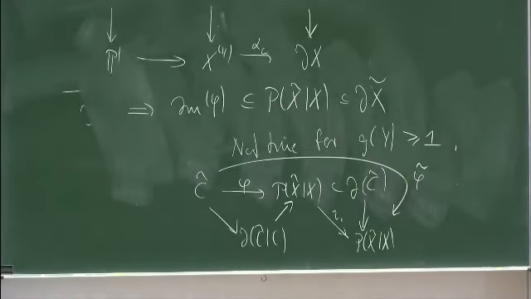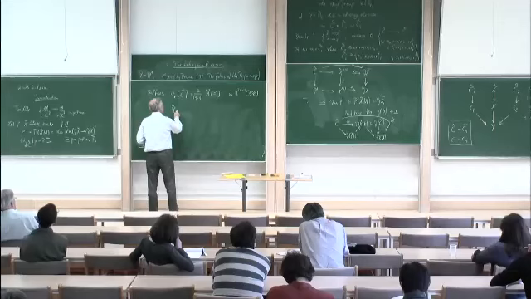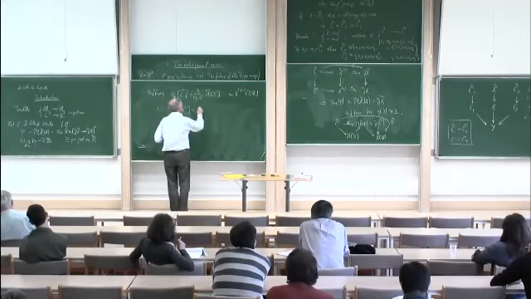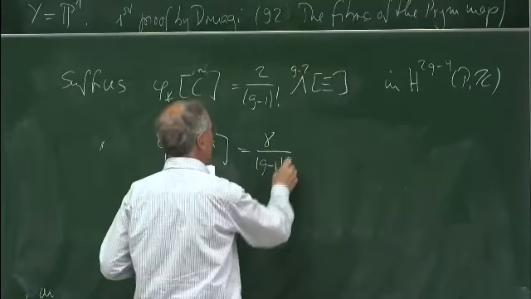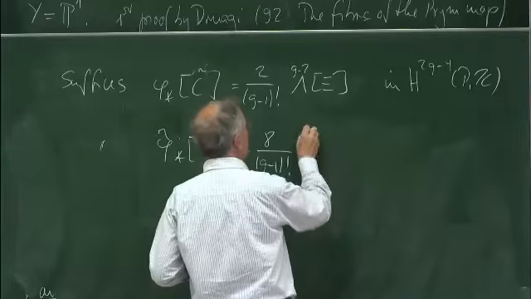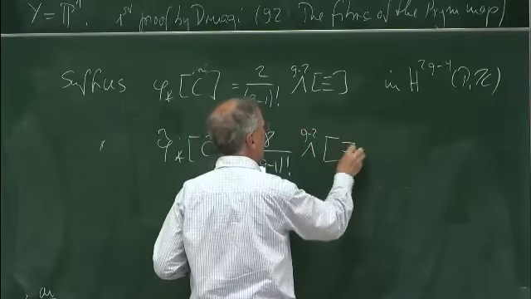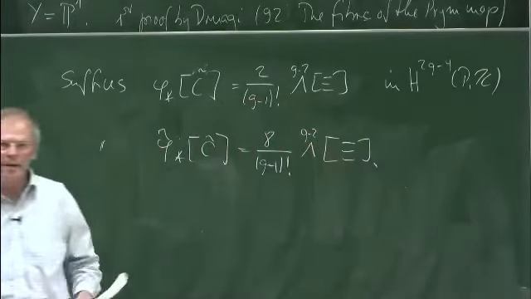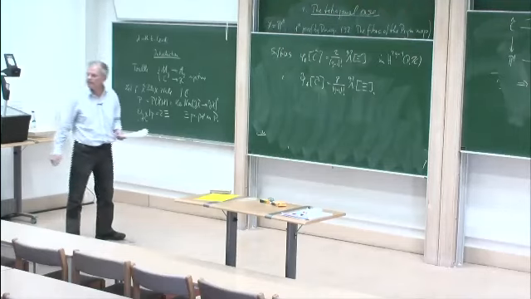The class of phi tilde star of C tilde is equal to 8 times (g minus 1) factorial, this is an 8 wedge (g minus 2) psi. This was done by Beauville.